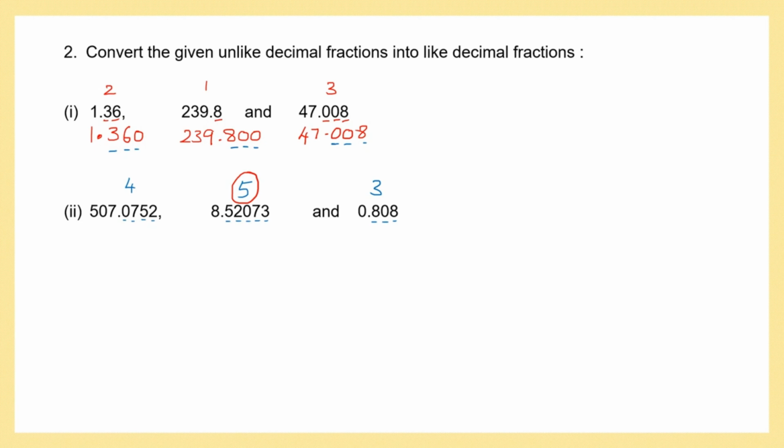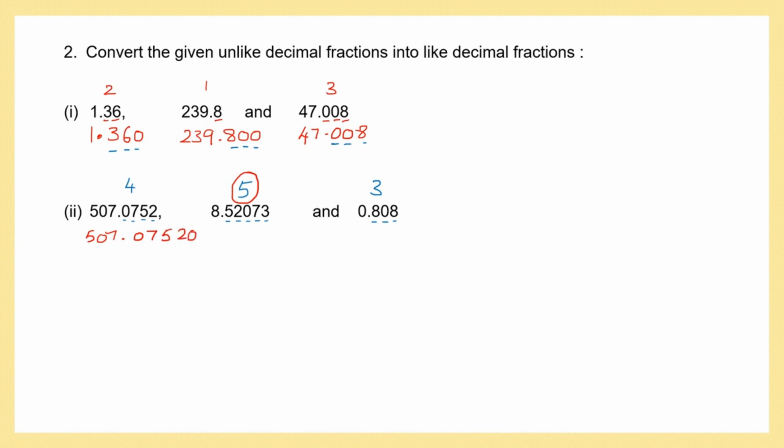So the second number has 5 decimal places. So we're going to see that all the numbers have 5 decimal places. So let's start. 507.0752 and we add a 0.